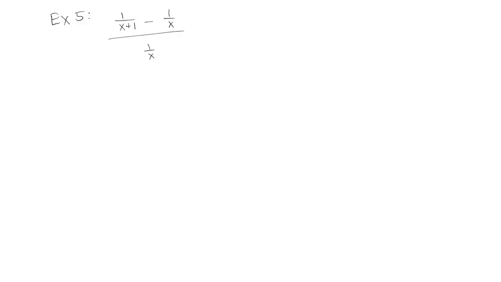All right, let's look at example 5 where we have a complex fraction. So what most people want to do is get a common denominator up in that numerator, and so I would multiply by x plus 1 over x plus 1 in that second fraction, and then multiply by x over x in the top fraction, and then that would give me x over x times x plus 1, and then I would be subtracting that.